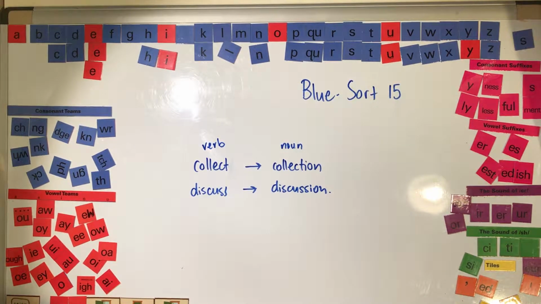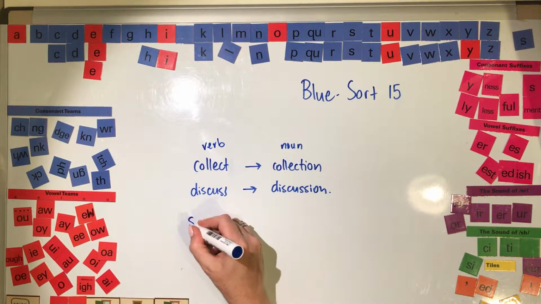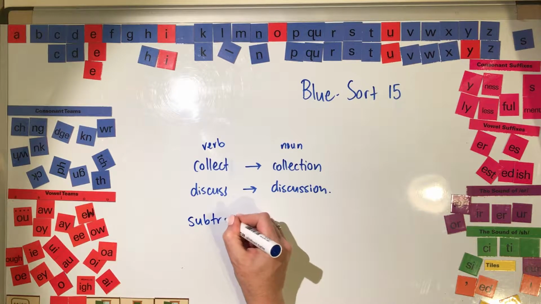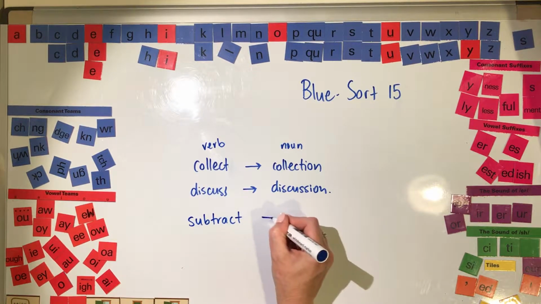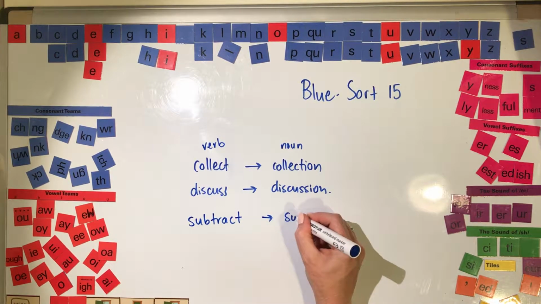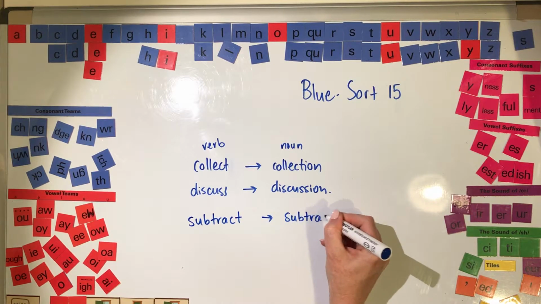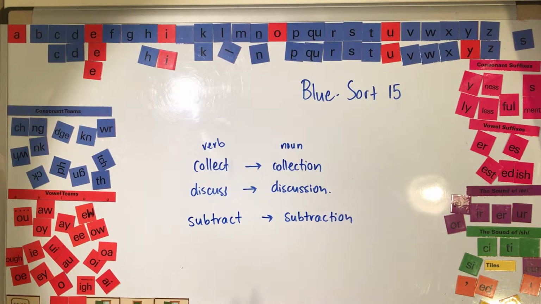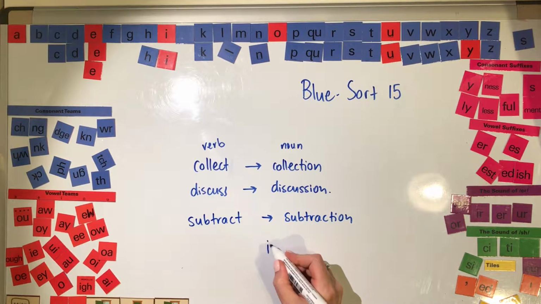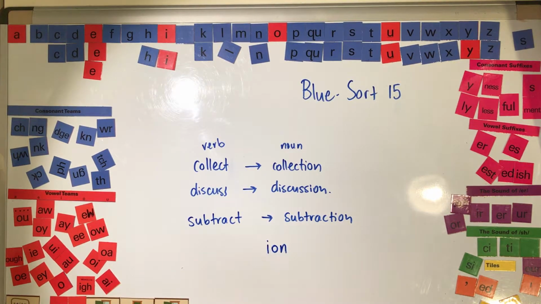Just trying to look. Oh, here, subtract. So if you subtract one number from the other, you end up with a subtraction. Okay, so that is the power of the I-O-N.